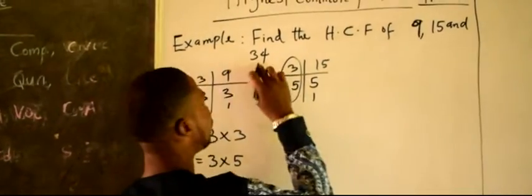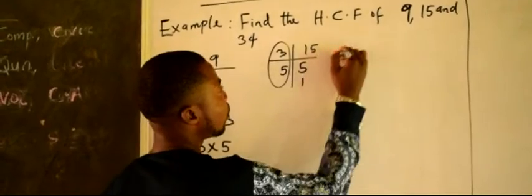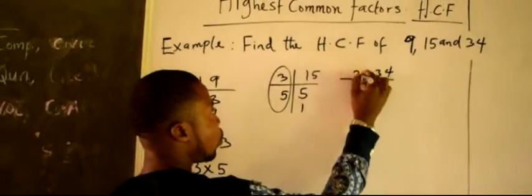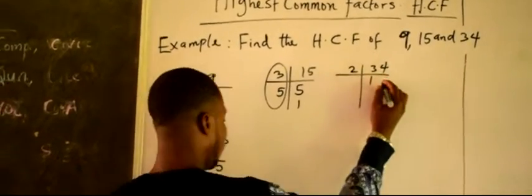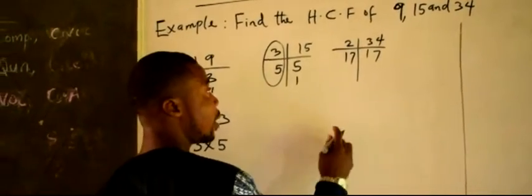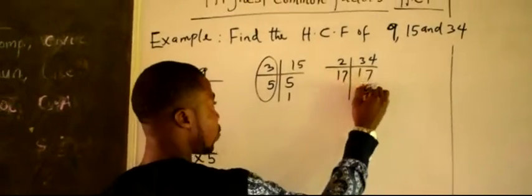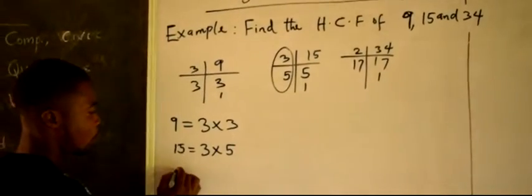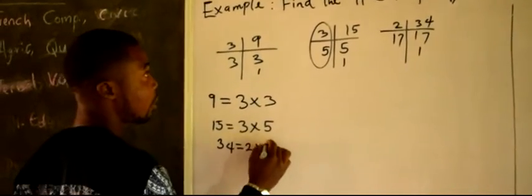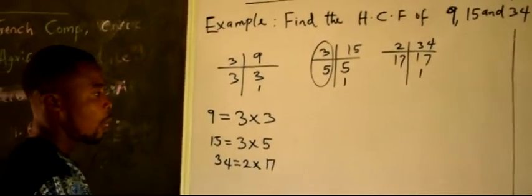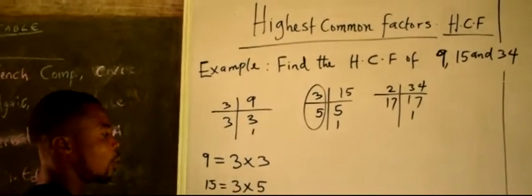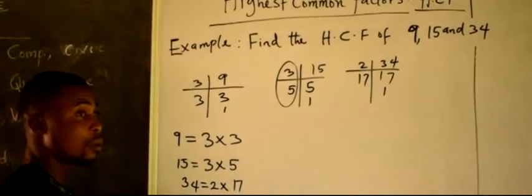The last one is 34: 2 goes in 34, that is 17, and 17 goes in 17, 1. So 34 equals 2 times 17. Looking for a common factor here, we don't have a common factor.